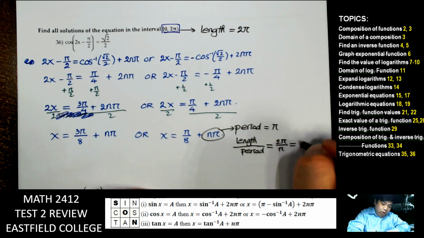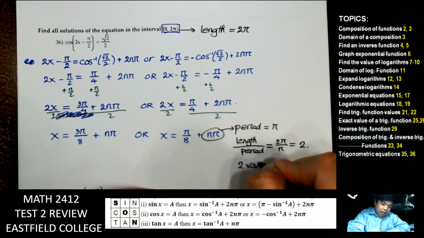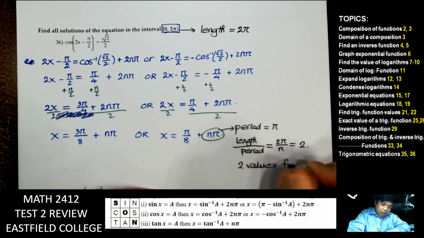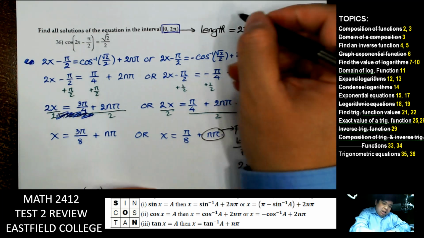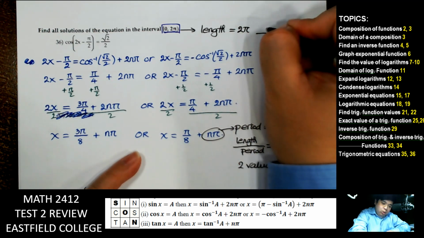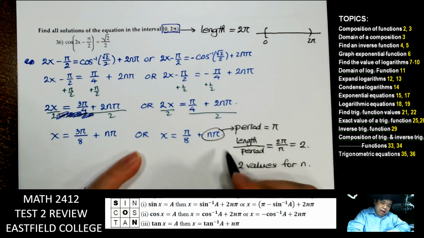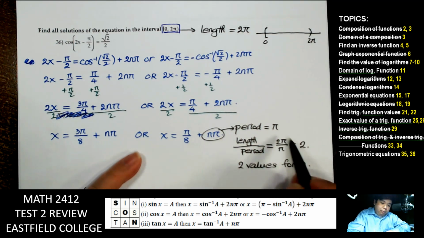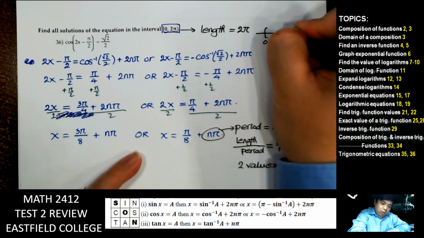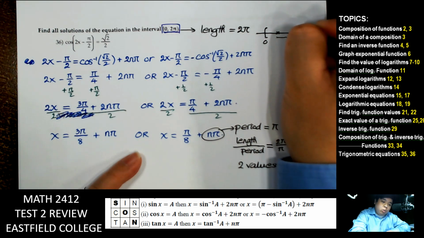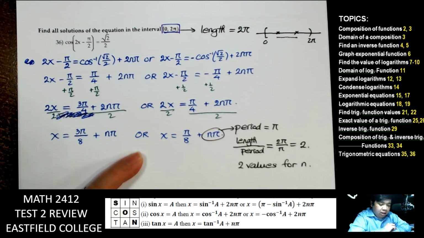That means we will get 2 values for n. It is like if we have solutions between 0 and 2 pi, and the solutions are only pi apart. If you choose a point here and take a pi distance from it, surely we're going to have another value.